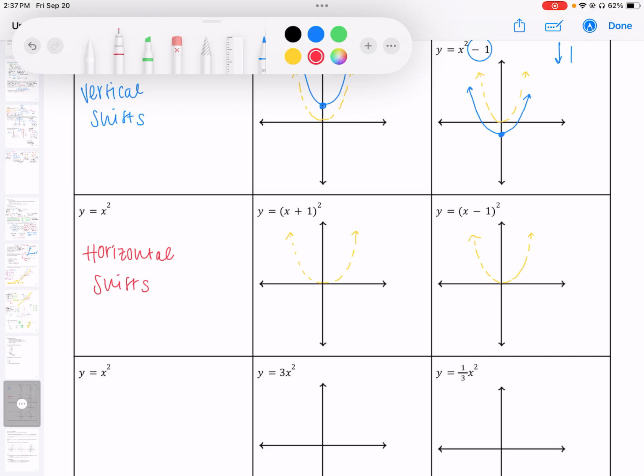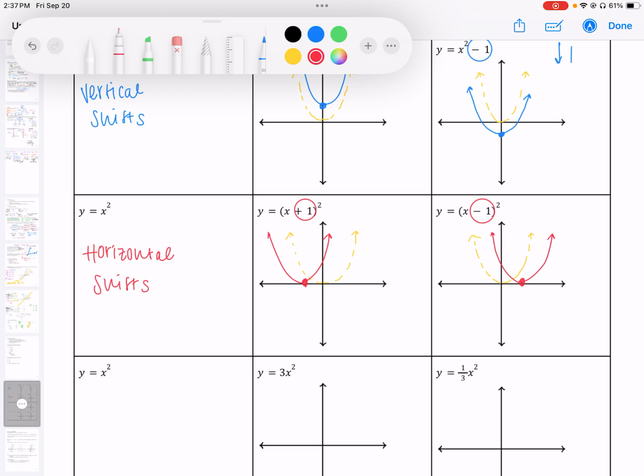And then notice that we have a +1 that is inside these parentheses. That tells us it is a horizontal shift. It is also moving to the left. So I'm going to move left 1 unit and graph. On this other one, we have a -1, which means we're going to move to the right 1 unit, and it's going to look like that.